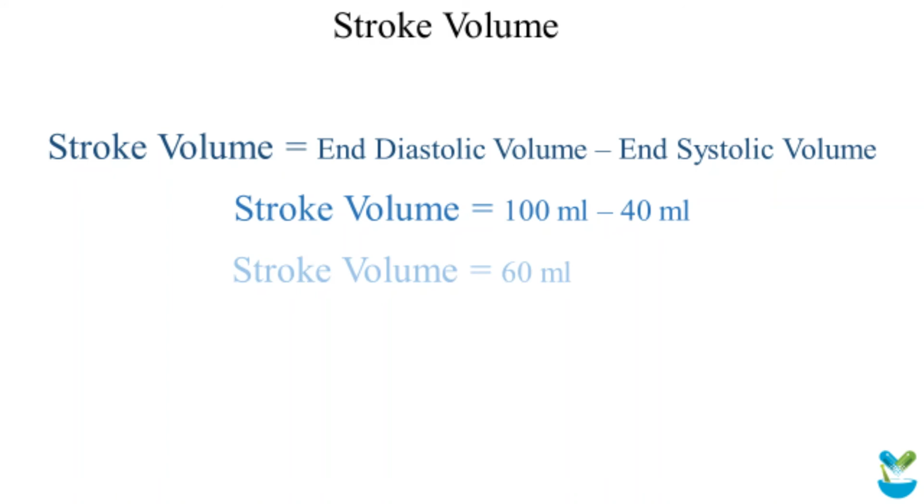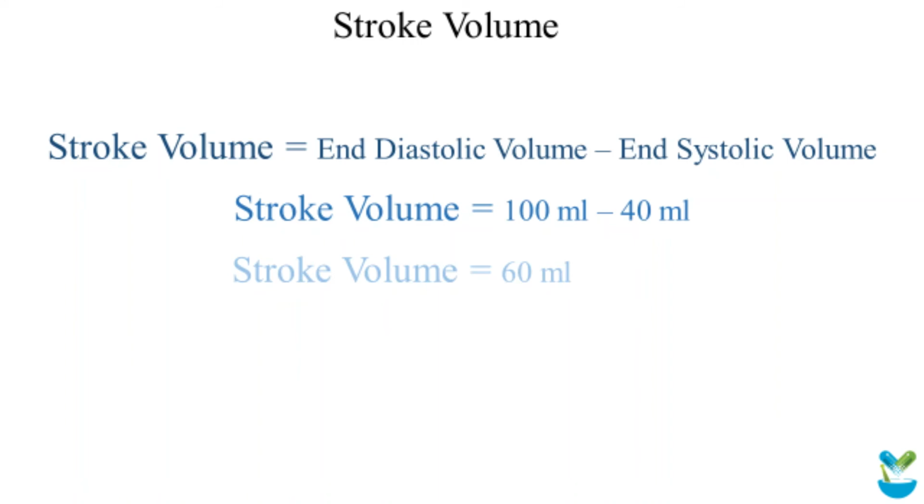Okay, then ventricles contract, that is systole, right? And after the ventricles contract, blood ejects out, but there is still some amount of blood which is left in the ventricles. That is end systolic volume, which is ESV. So let's suppose there was 100 ml blood filled in the ventricles, that is the diastolic volume.